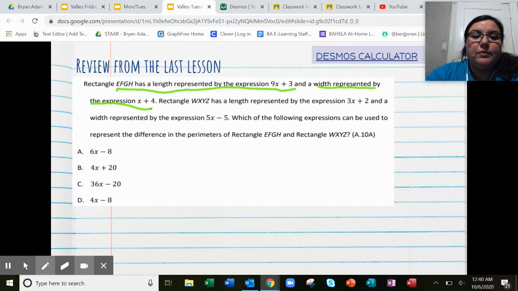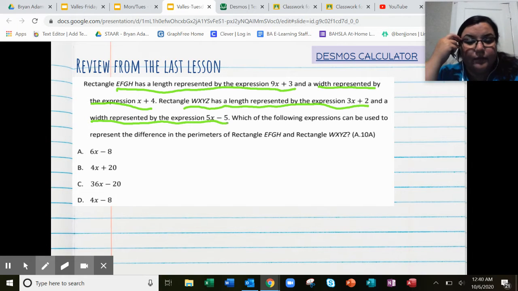Then there's another rectangle WXYZ that has the length 3x plus 2 and the width represented by the expression 5x minus 5. It's asking which of the following expressions can be used to represent the difference in the perimeters of both of those two rectangles.